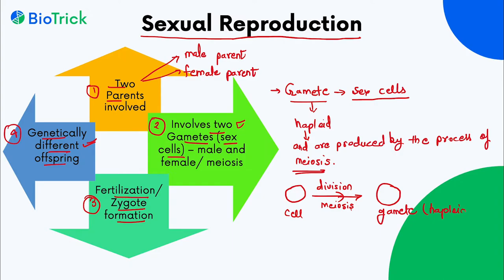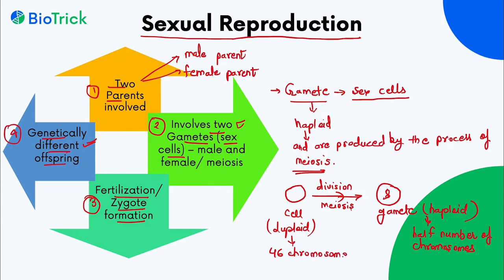Haploid means it has half the number of chromosomes. Let's suppose this cell has 46 chromosomes.